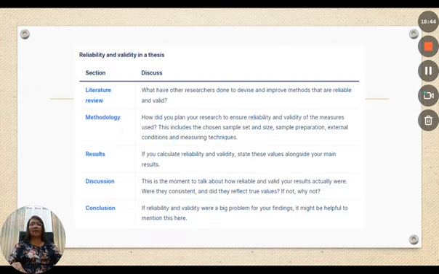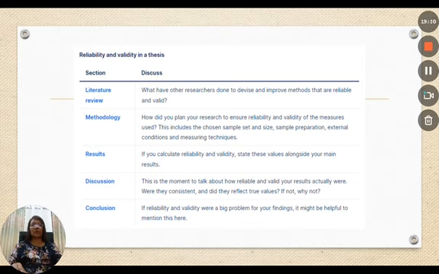We have here reliability and validity in a thesis. We have the section and how to discuss. In the literature review, what have other researchers done to devise and improve methods that are reliable and valid? In the methodology, how did you plan your research to ensure reliability and validity of the measures used?